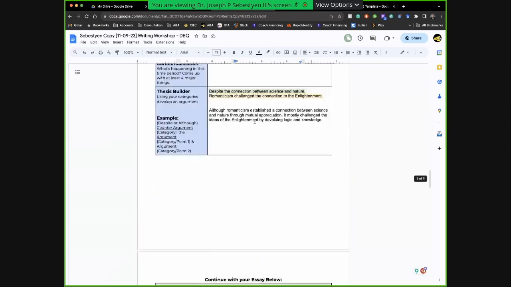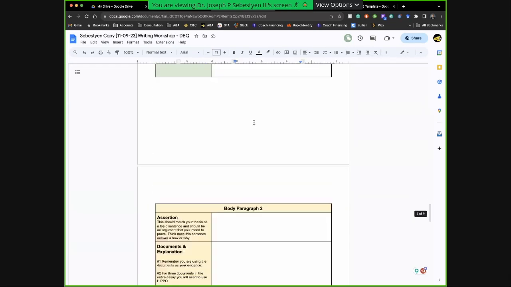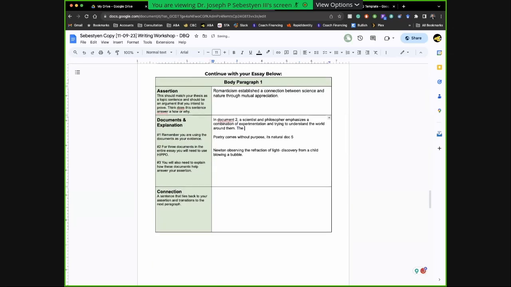The purpose of this document. All right, so here's how you do it: value of nature through... So that's how you do it, right?